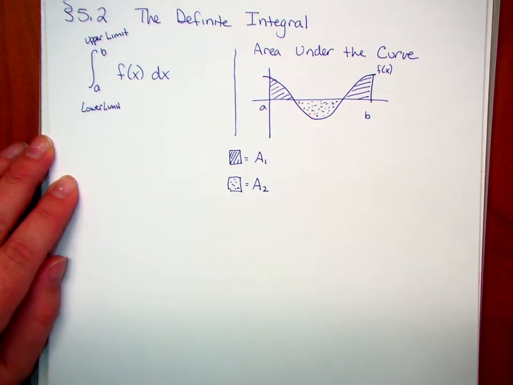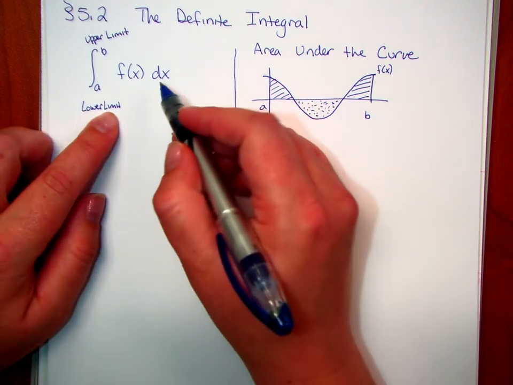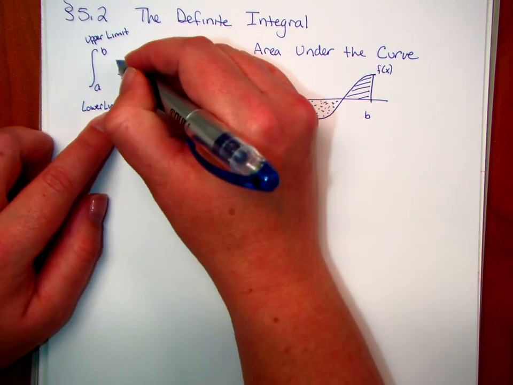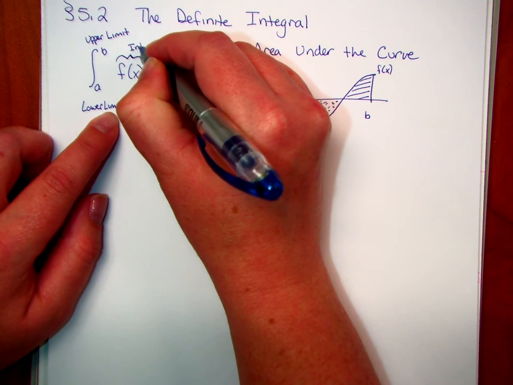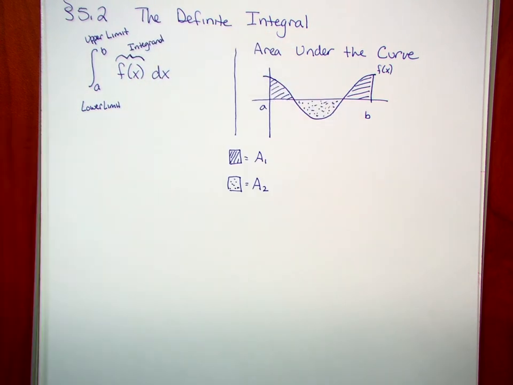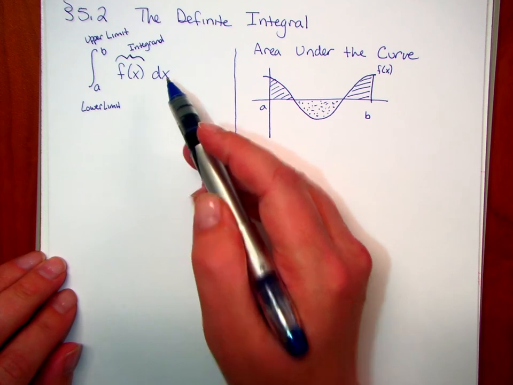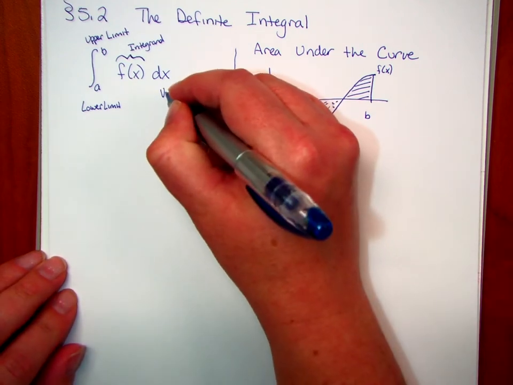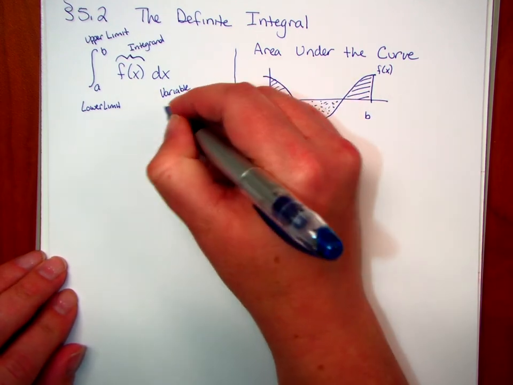We're going to integrate f of x. This f of x is called the integrand. It's what we're taking the integral of. Dx is our variable of integration. It's what we're integrating with respect to.